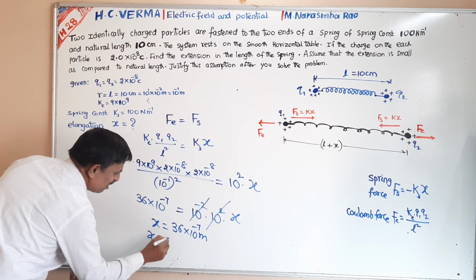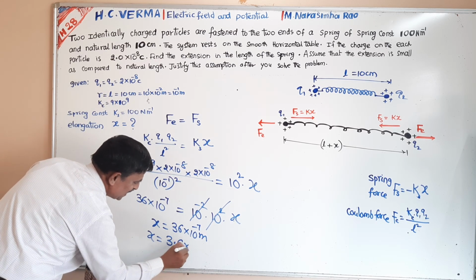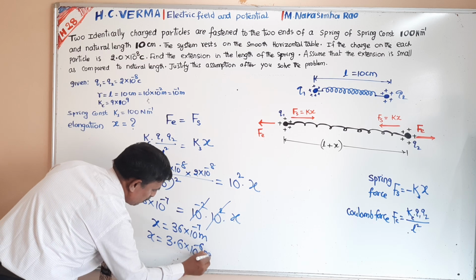Otherwise, x is equal to 3.6 × 10^-6 meter.